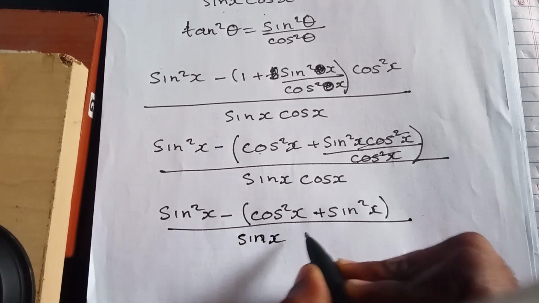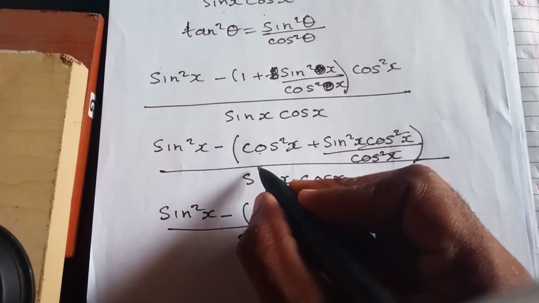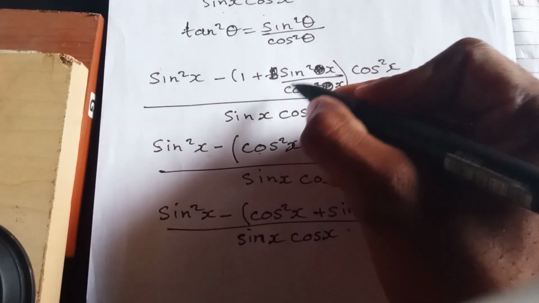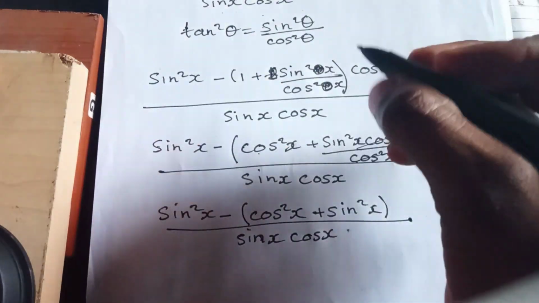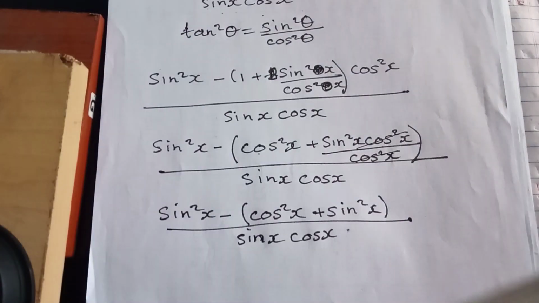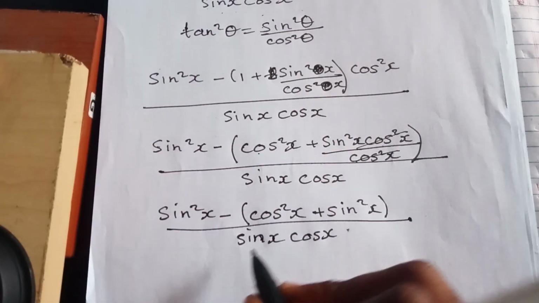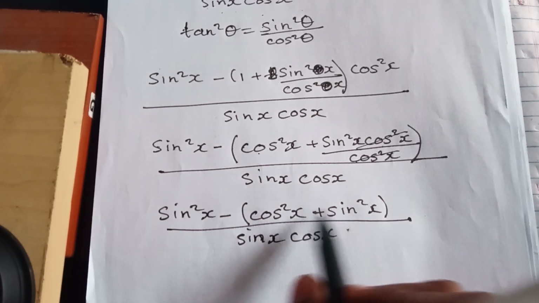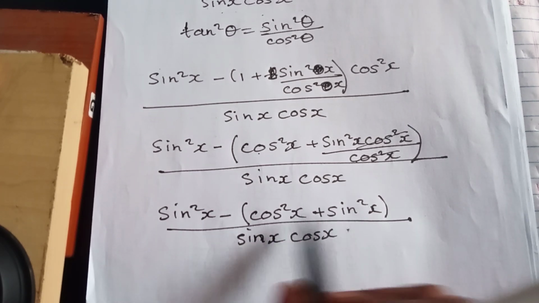sin x cos x. My teacher of English said I should always dot my i's. Okay, like this. And then this is a well-known identity.